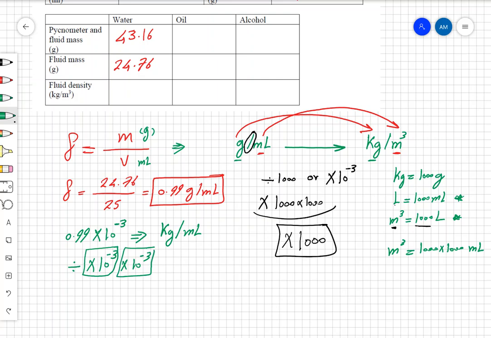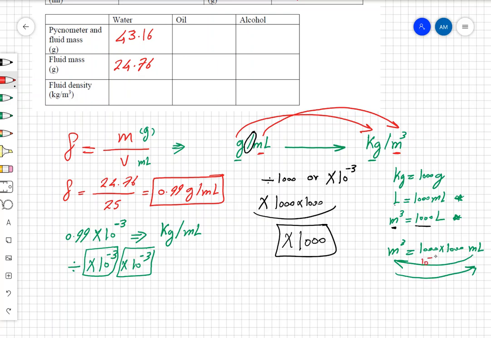Because I want to convert from milliliter to meter cube. If I want to do the other way, I will multiply by 1000.